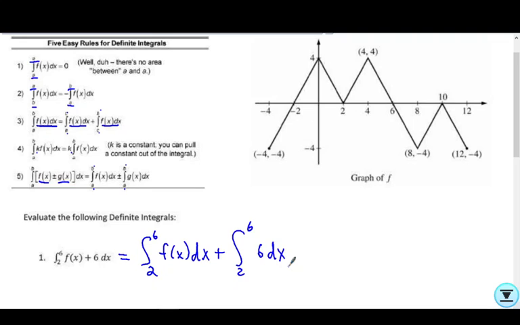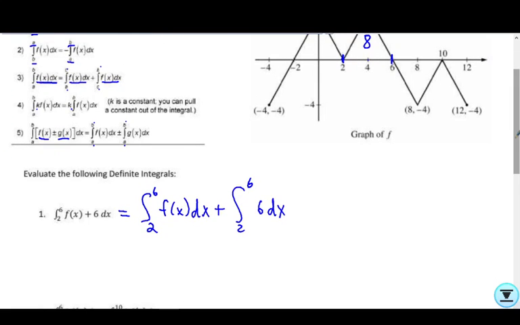Now the area from 2 to 6 of my f of x, that's the area from here to here. This is just a triangle, so we use our geometry. The height is 4, the base is 4, so 1/2 base times height is 8. Now this is 8 plus the integral for this. Remember what we're doing here.